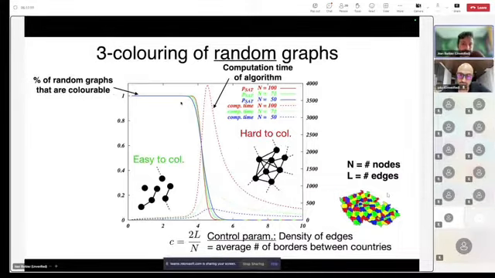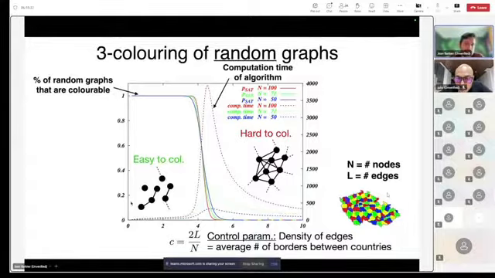Okay. So basically, what we do in these experiments is that for any given value of c, you draw a very large number of random graphs with this average density of edges, where every node is connected randomly to the others, such that the average degree is fixed to be c. Then you take your best algorithm and you try to solve the problem.